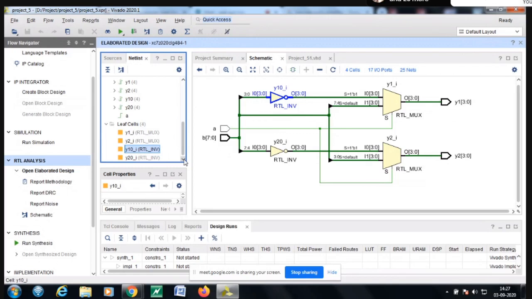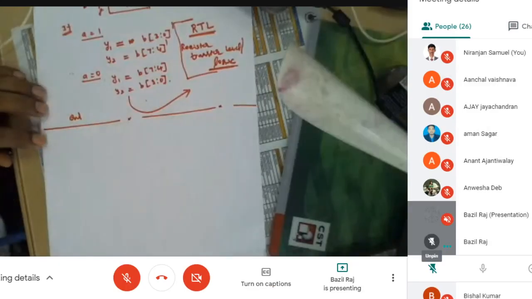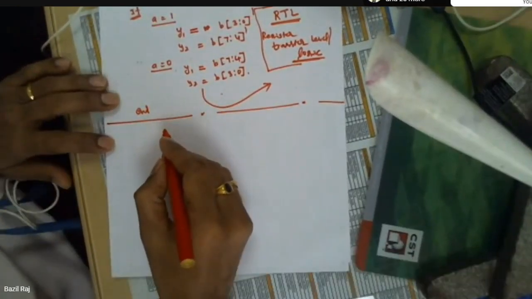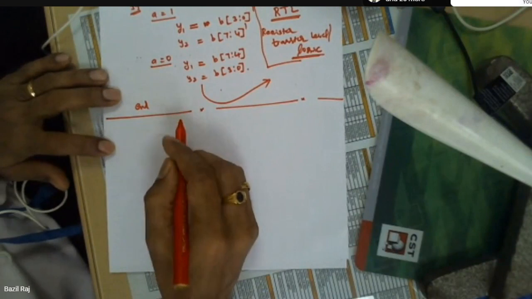So all those things will be seen or verified at the CLB level when we go for the RTL analysis now, right? Any doubt you can ask me. After some more examples, we will go to place and route or floor planning, automatic floor planning, manual floor planning. All those things we will go through in the subsequent lab sessions. Any doubt you can ask, right? Adder, subtractor, multiplier, all those things we will design today in one project, right?